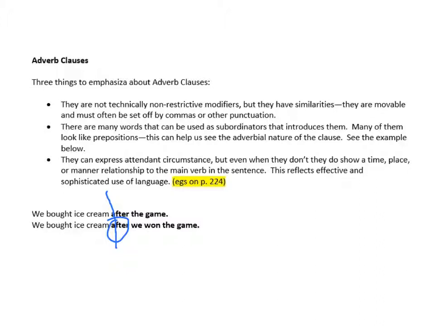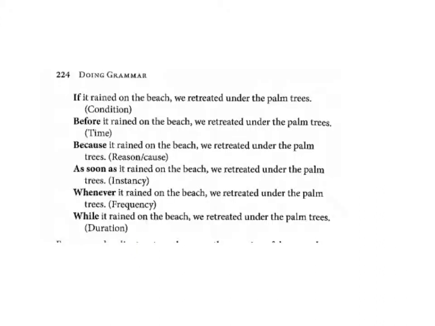And then finally, they can also express attendant circumstance, but even when they don't, they do show a time, place, or manner relationship to the main verb in the sentence. This once again reflects effective and sophisticated use of language by putting two things together that have relationships. So, for example, while you can use this version of the example sentence in your book, "while it rained on the beach," is showing attendant circumstance.